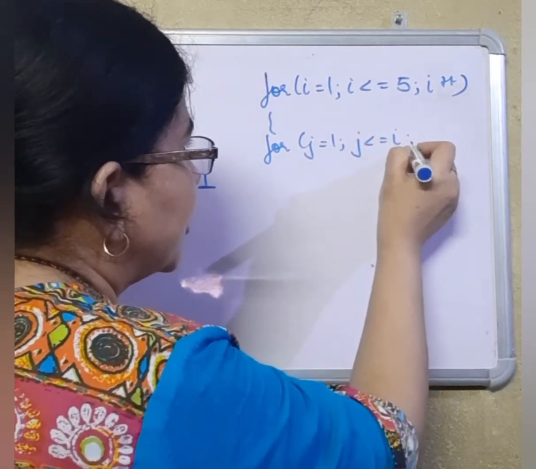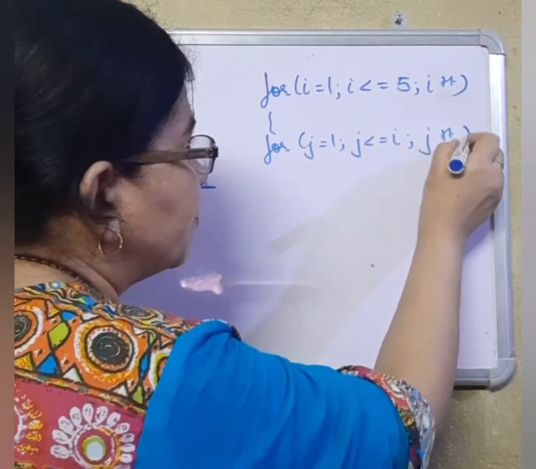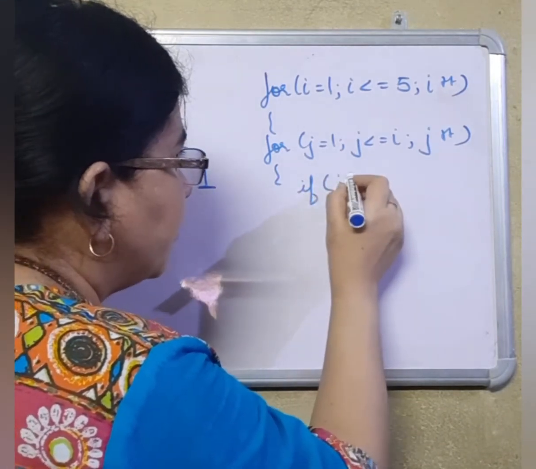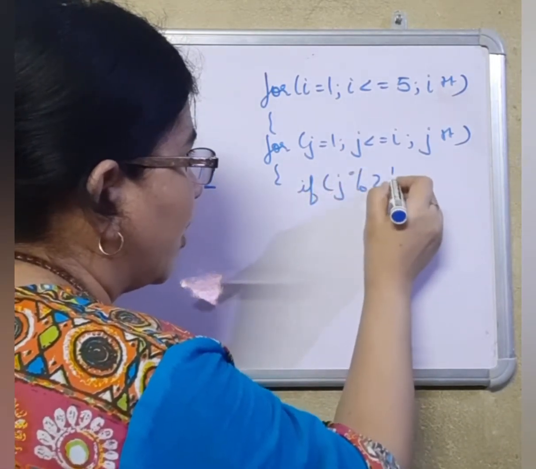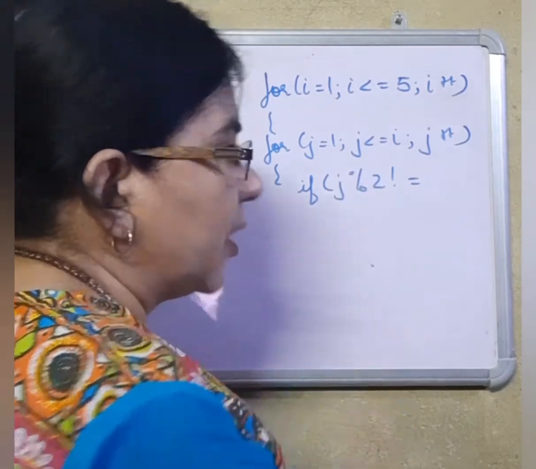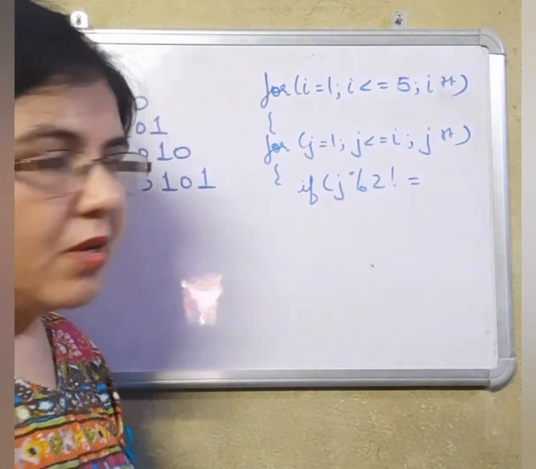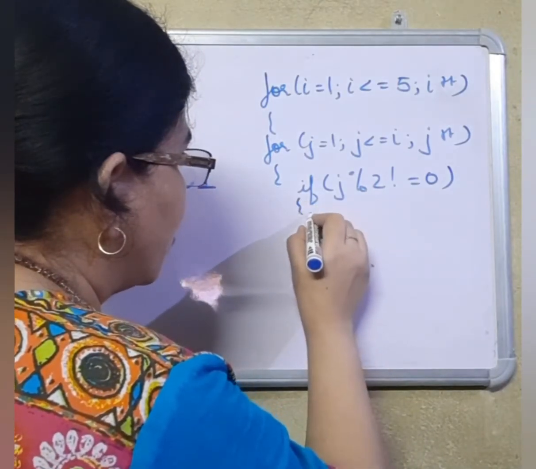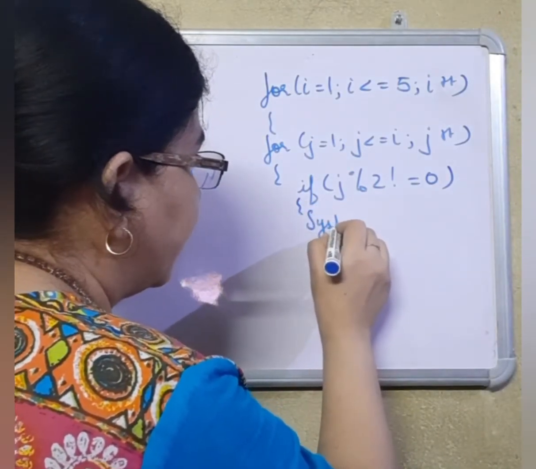Since the entire responsibility rests on J to print the pattern, we'll ask J: if you are at odd position, that means if you become 1 or 3 or 5, then you have to print with system.out.print 1.